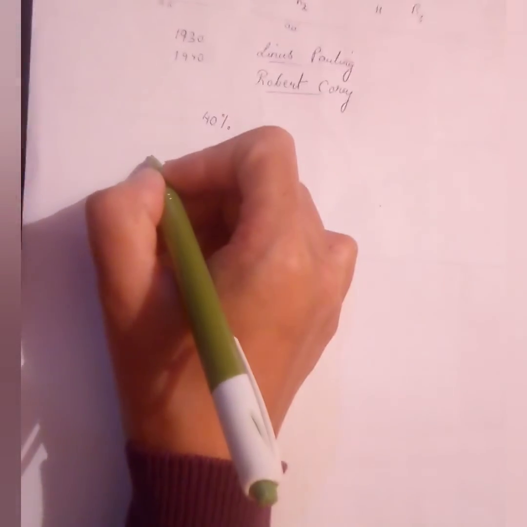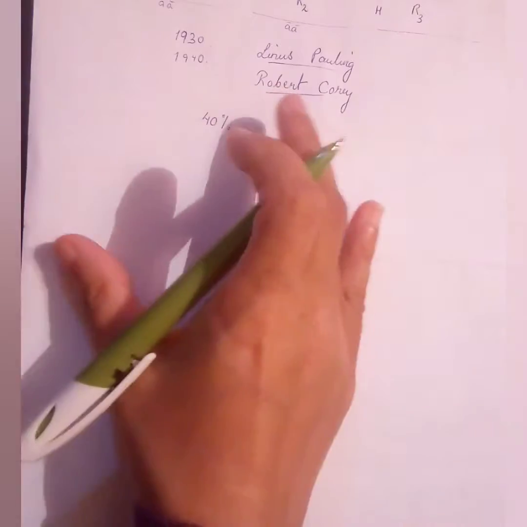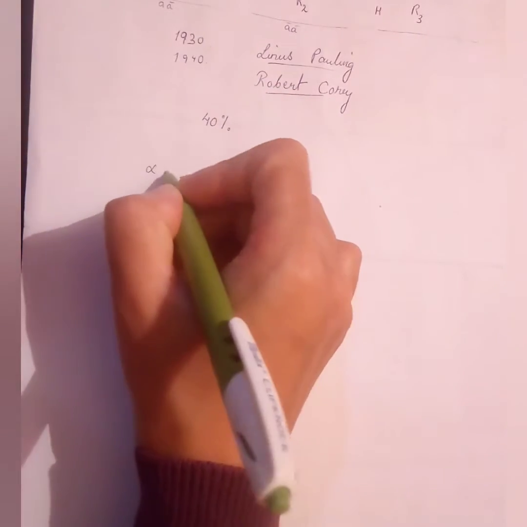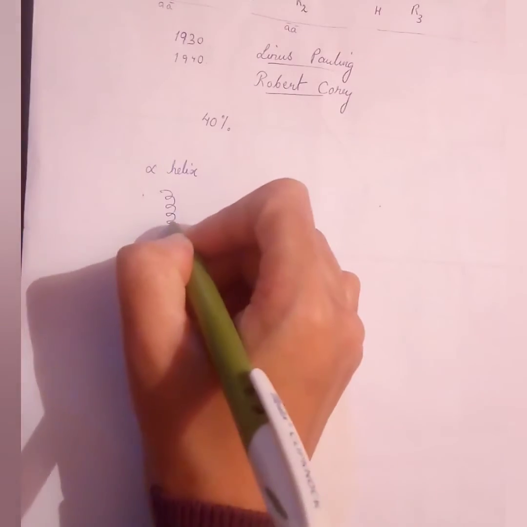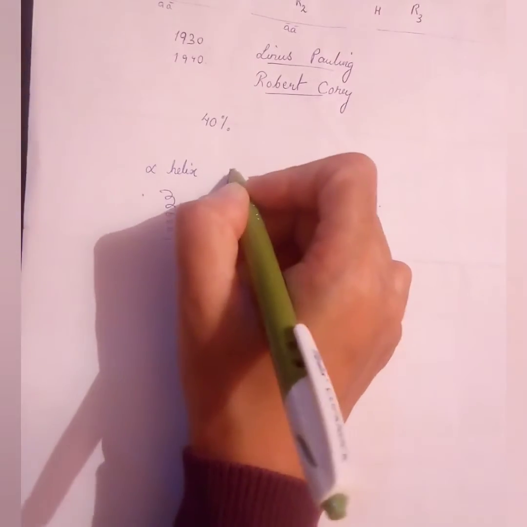When we study the structure of proteins, girls, you will see that they have different kinds of structures. We have the alpha helix, then you have the beta sheets.